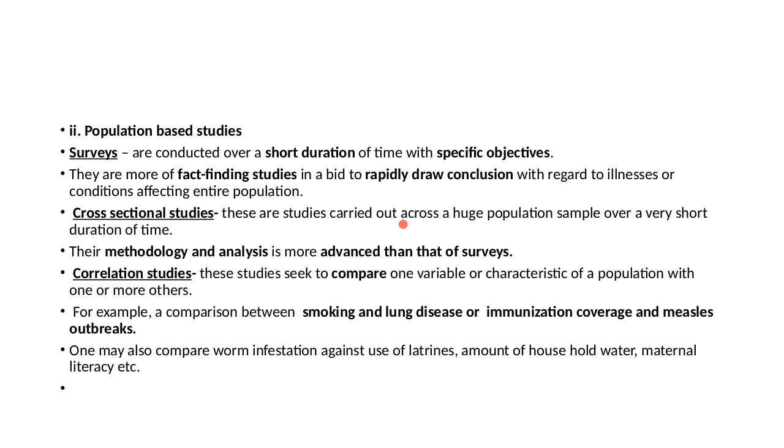One may also compare worm infestation against use of latrines among the household, water, and maternal literacy, etc. So in a correlation study, you try to relate independent variables and dependent variables. So you will try to see whether the dependent variables really depend on other factors for them to exist or for them to increase or decrease.